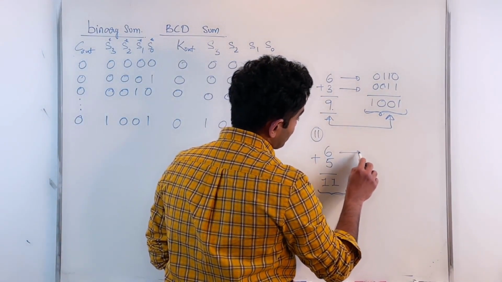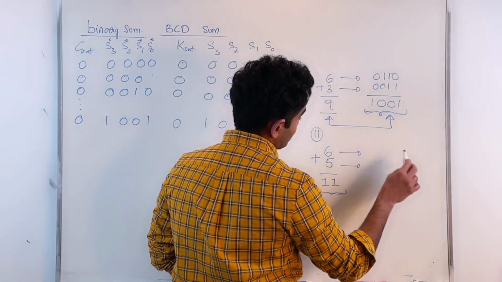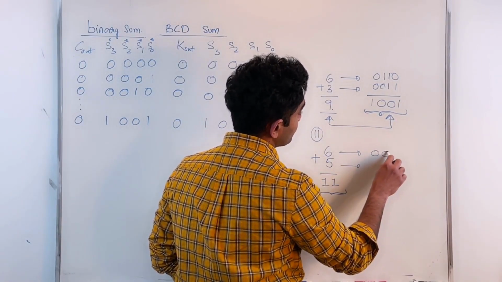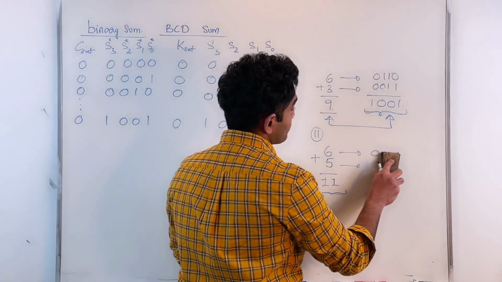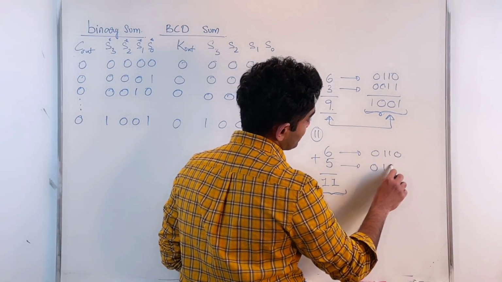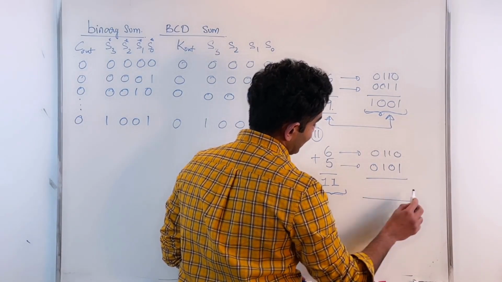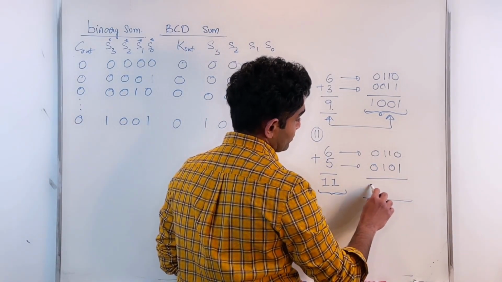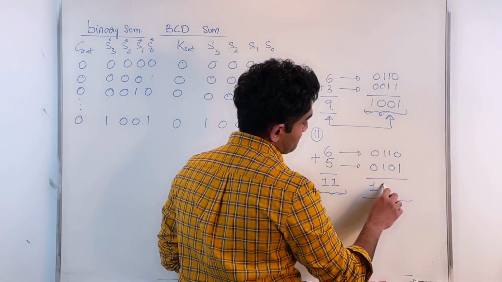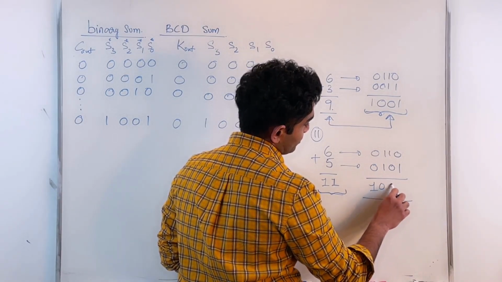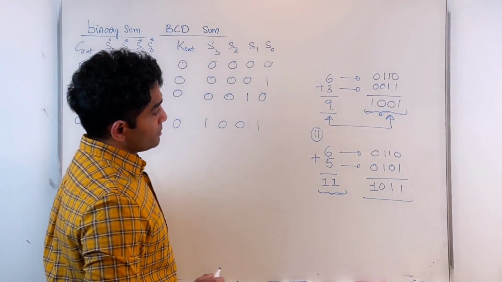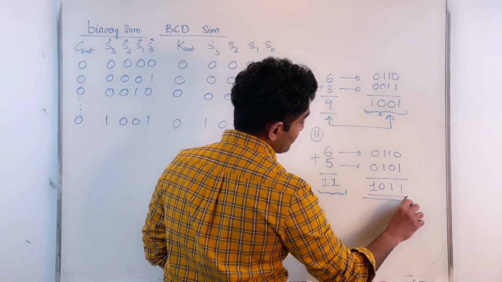When I'm doing the corresponding addition operation in binary, that will correspond to 0, 0, 0, 1, 1, 0, adding that to 0, 1, 0, 1. What do I get? 1, 0, 1, 1. So that's my binary sum, 1, 0, 1, 1.